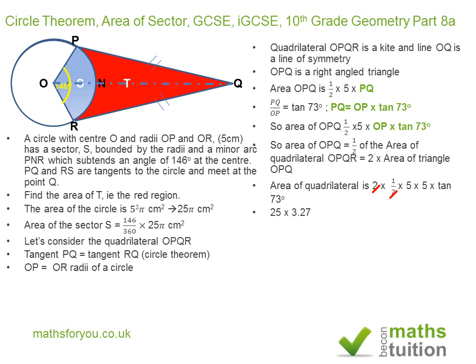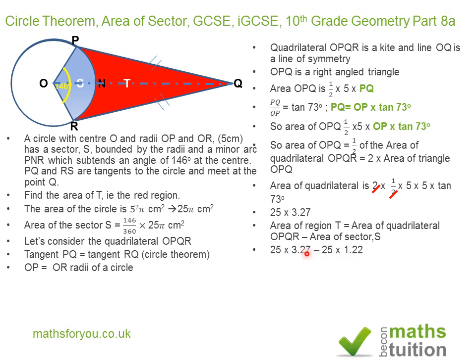Now to find the area of T, what we do is subtract the area of the sector from the area of the whole quadrilateral. So the area of the quadrilateral minus the area of the sector S would be 25 times 3.27 minus 25 times 1.22.